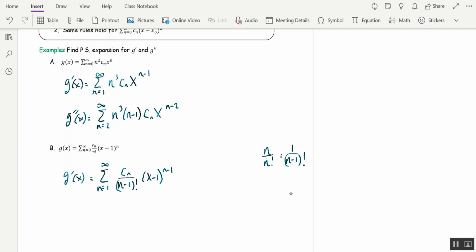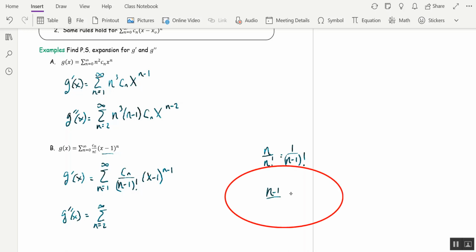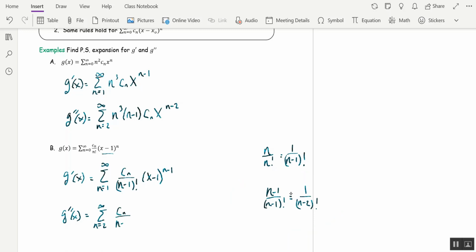Those same derivative rules hold if your power series is centered at 1, which this one is. All right, and g double prime, we're going to start at 2, and then when I bring an n minus 1 down, we get n minus 1 over n minus 1 factorial, which is 1 over n minus 2 factorial. So this will be c_n over n minus 2 factorial, x minus 1 to the n minus 2.